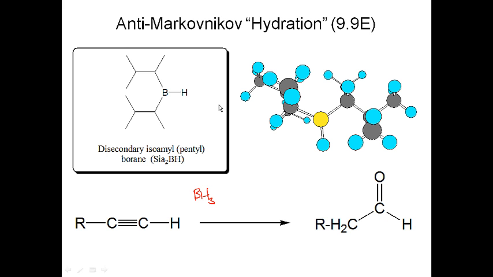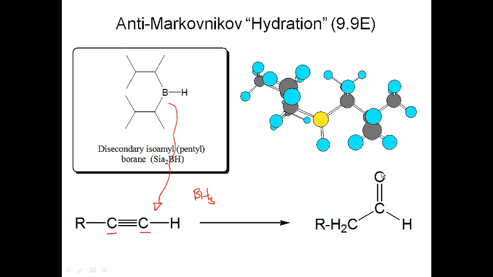And now, with a sterically hindered reagent, the difference between the terminal end and the internal end of the triple bond is now accentuated. The boron is definitely more likely to end up on the terminal carbon. And so what that means is when you treat it with hydrogen peroxide, you're going to get that enol formed at a higher percent yield.